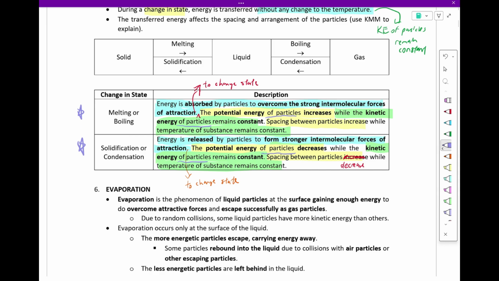So you need to include it to have the proper phrasing. Usually when they ask you to explain why temperature remains constant when there's a change in state, just write the whole chunk down. This is your standard answer, so I have to just memorize it.